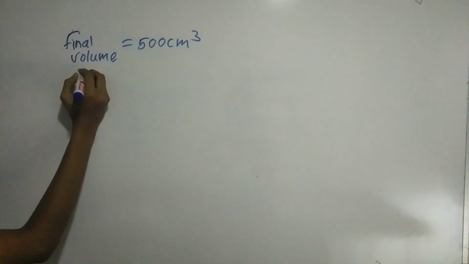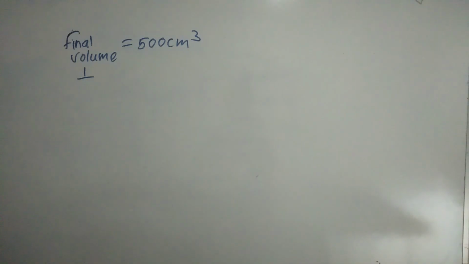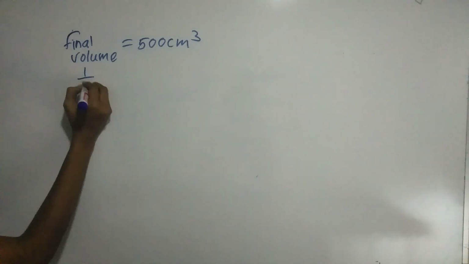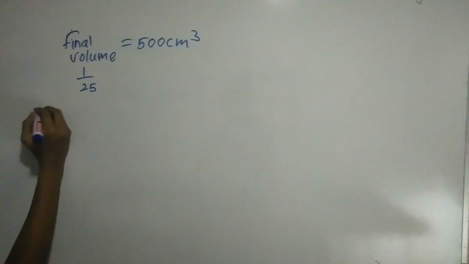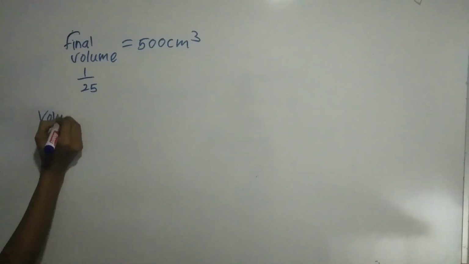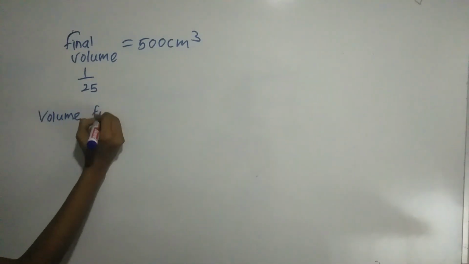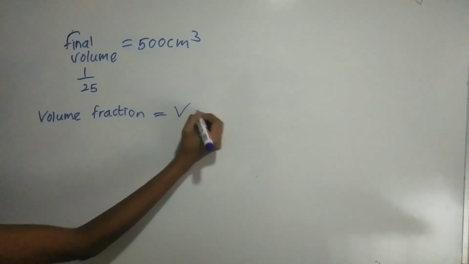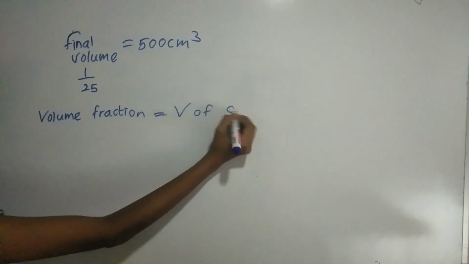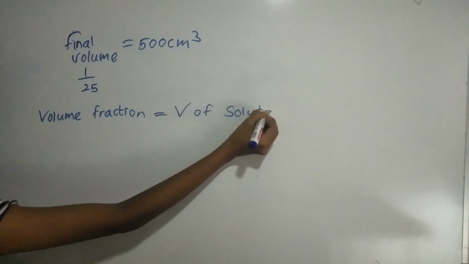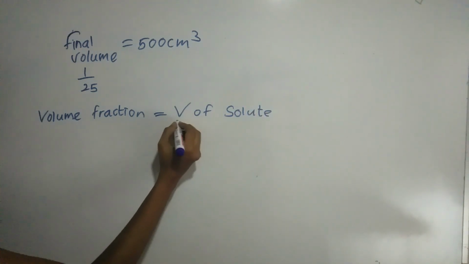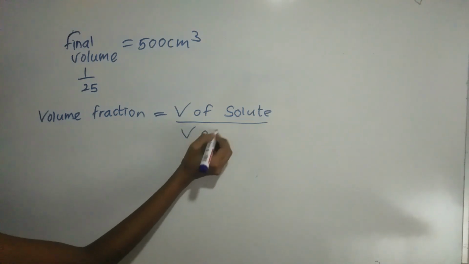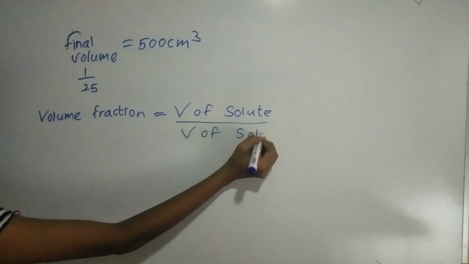And they have given us the volume fraction as 1 over 25. We have our equation: volume fraction equals volume of solute divided by volume of solution.